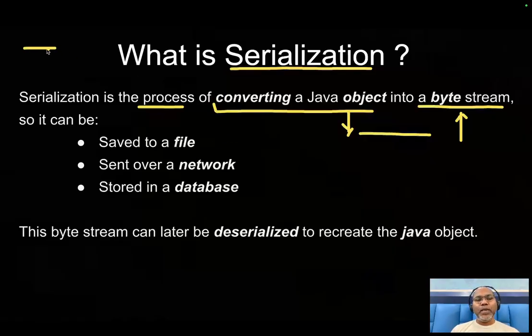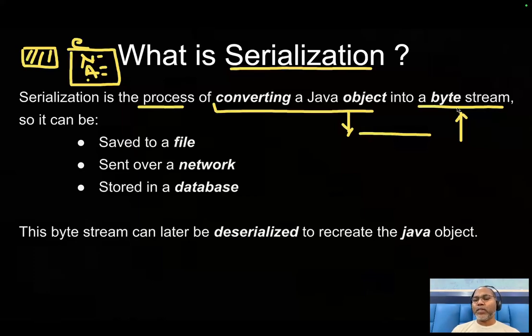Take any Java object. This object has some information, say an employee object. The employee has a state like employee name, age, and address. So whatever the name, age, and address are, these are the information, and this information can be in the form of text.